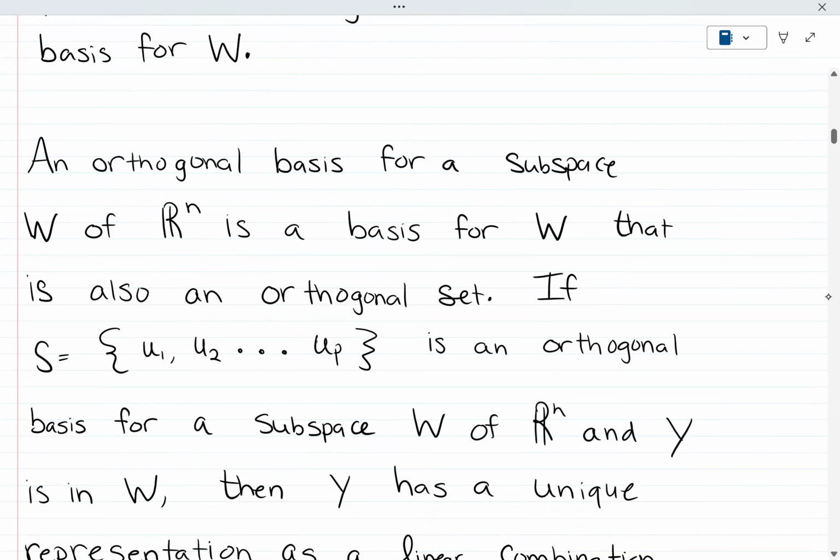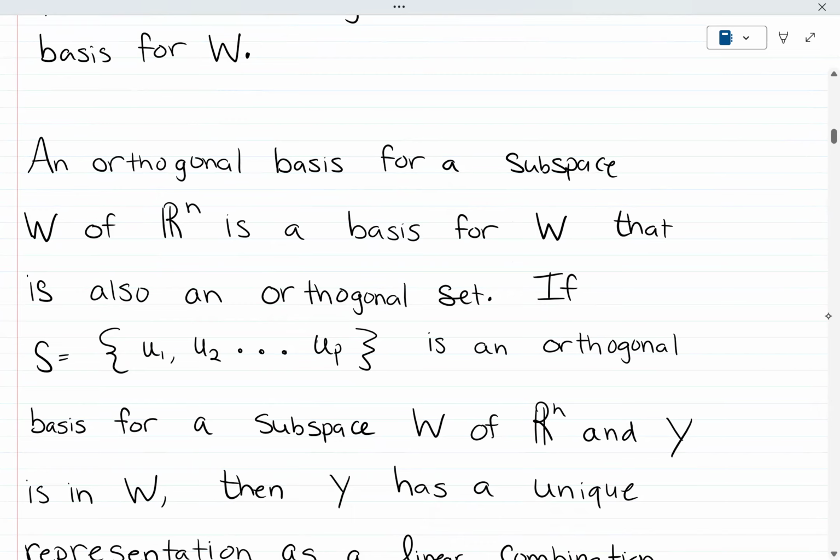If S is an orthogonal basis for a subspace W of Rn and y is in W, then y has a unique representation as a linear combination.